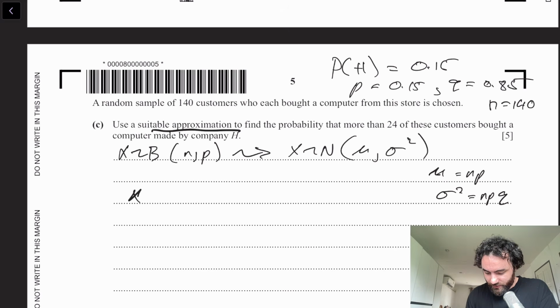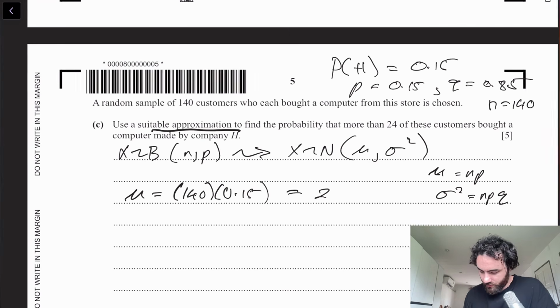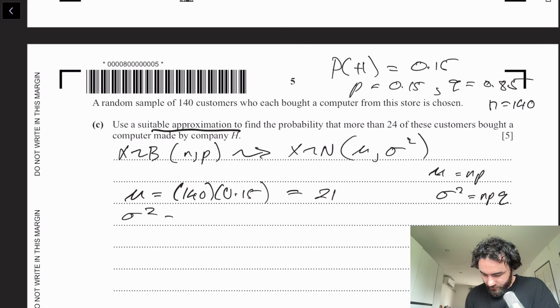So our mean is going to be n times 0.15, 140 times 0.15, which equals 21. And our variance is 140 times 0.15 times q, which is 0.85.